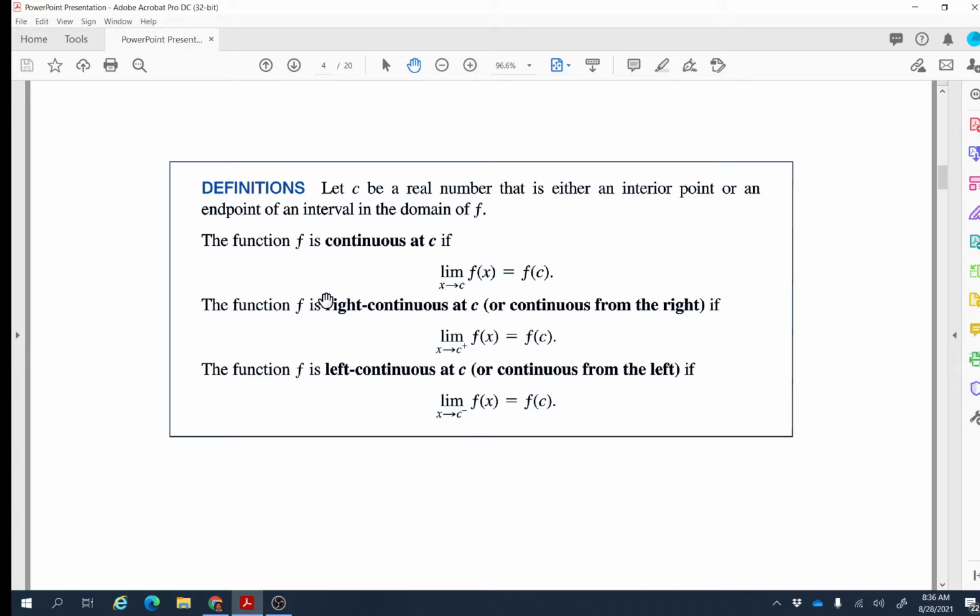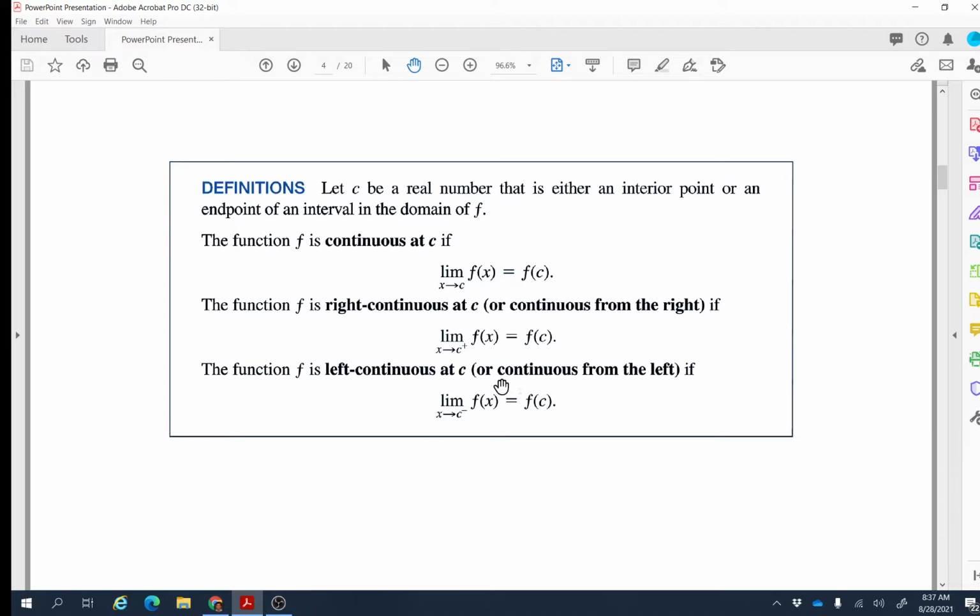The function f is right continuous at c, or continuous from the right, if the limit of the function when x approaches c from the right side is equal to the value of the function. Function f is left continuous at c, or continuous from the left, if the limit of the function when x approaches c from the left side is the value of the function.